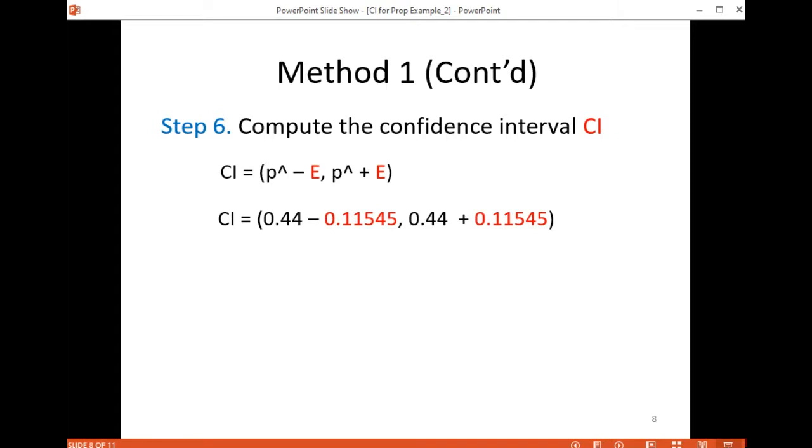So the CI is equal to 0.44 minus the E, which we got from the previous slide, and on the right side is 0.44 plus the E, same value. Finally, we finish up and say the confidence interval is 0.32455, 0.55545.